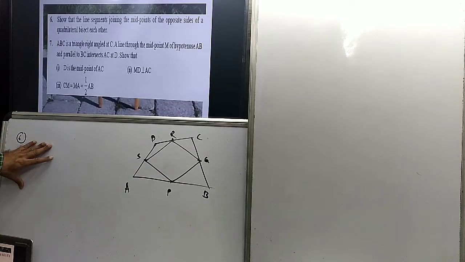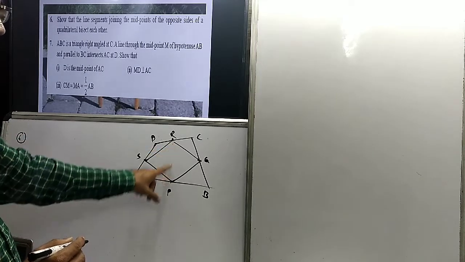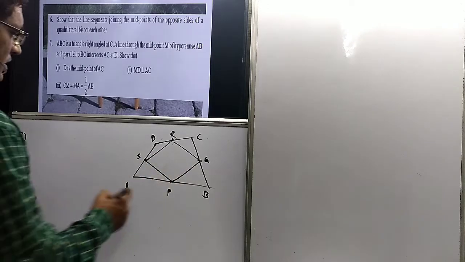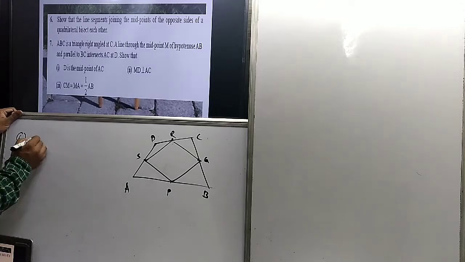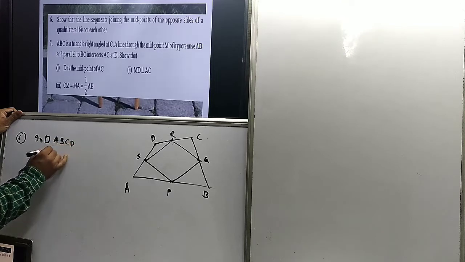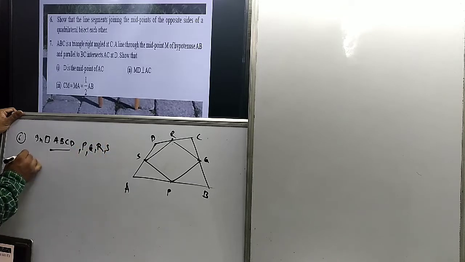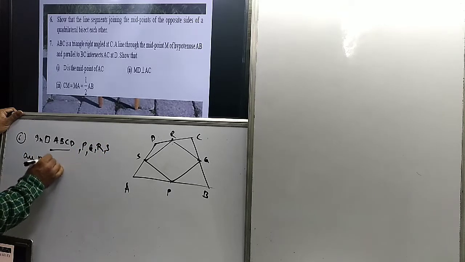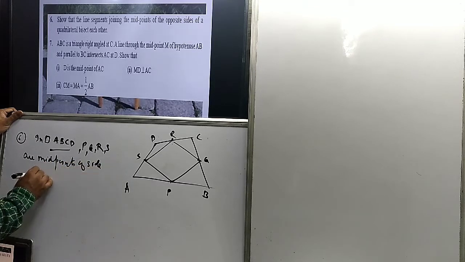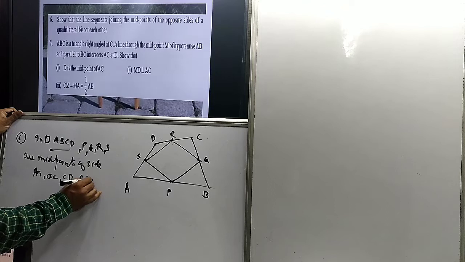Now in the sixth problem, we want to show that line segments formed by joining midpoints of opposite sides of any quadrilateral bisect each other. Let us say in quadrilateral ABCD, P, Q, R, S are the midpoints of sides AB, BC, CD, AD respectively.